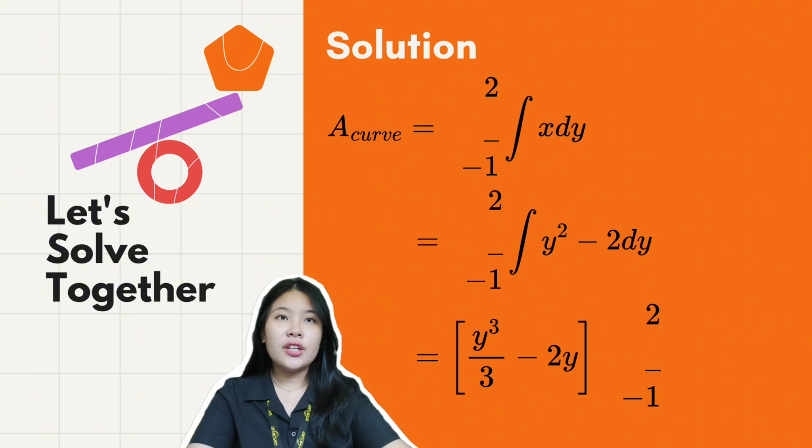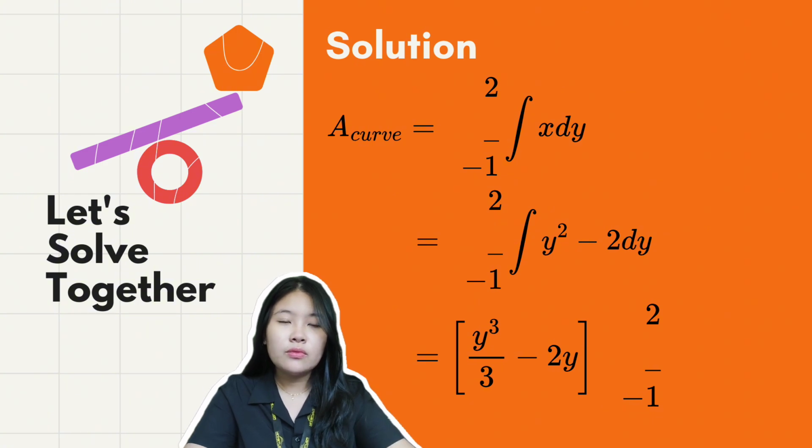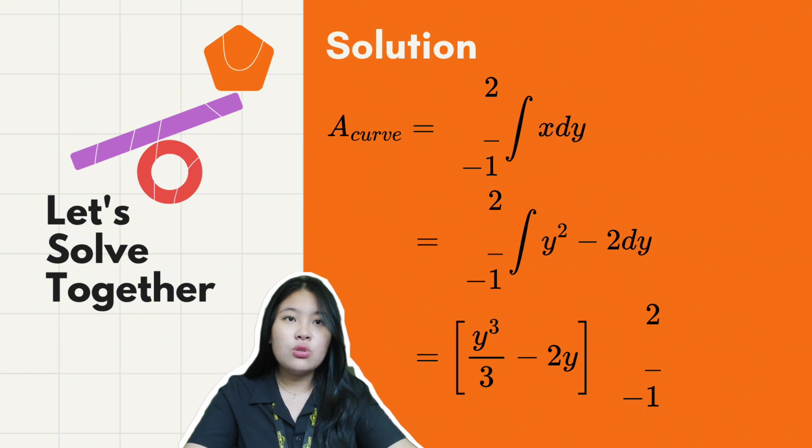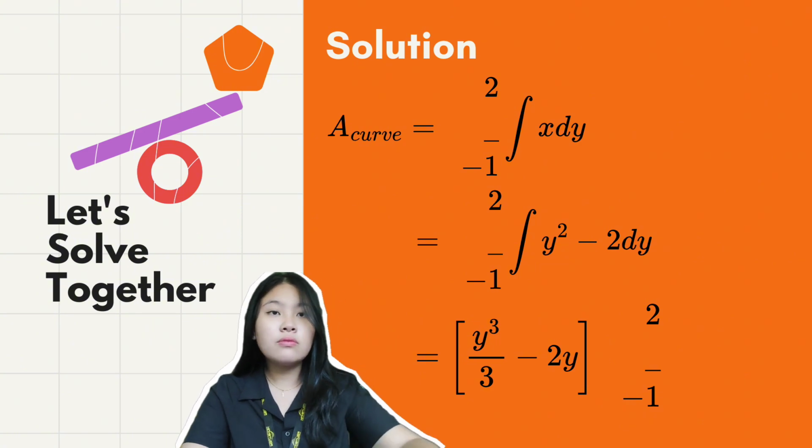So for the curve, the limits are 2 and negative 1. Integration x dy, and then with limits 2 and negative 1, integration of y squared minus 2 dy, and then in brackets y to the power of 3 over 3 minus 2y, and the limits are 2 and negative 1.